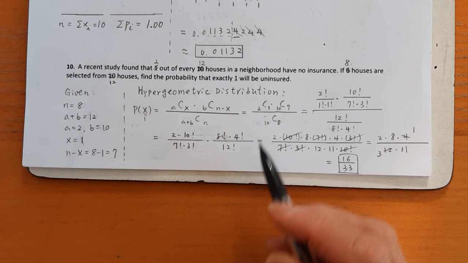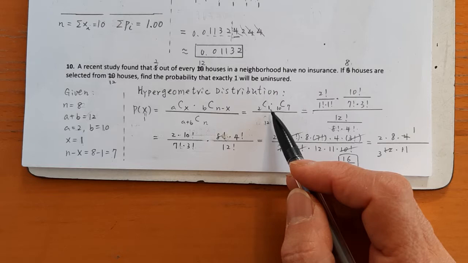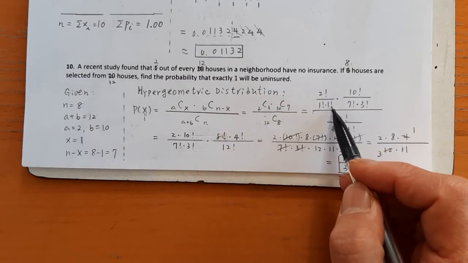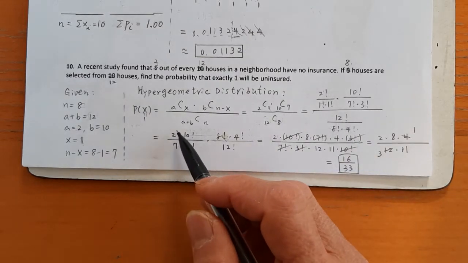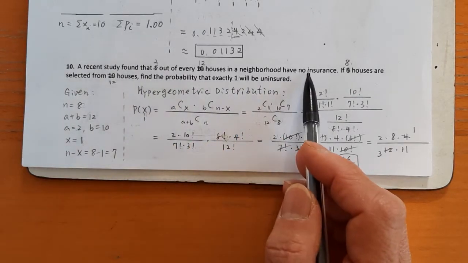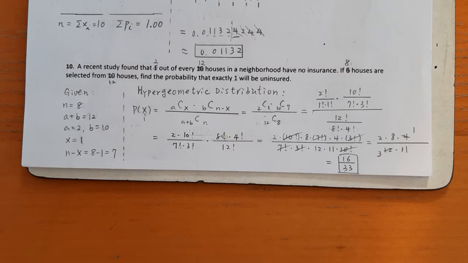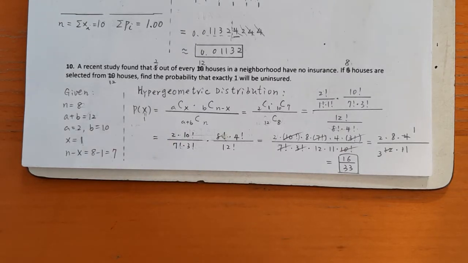C 2 take 1 is 2 factorial over 1 factorial times 2 minus 1 factorial, which equals 2. There are only 2 choices because there are 2 houses with no insurance and you choose 1.